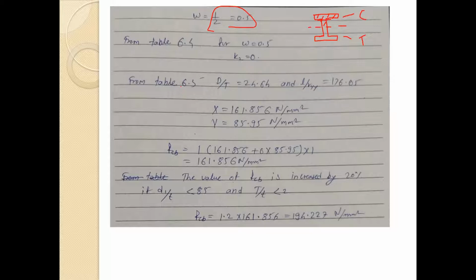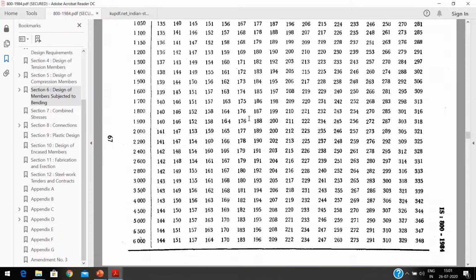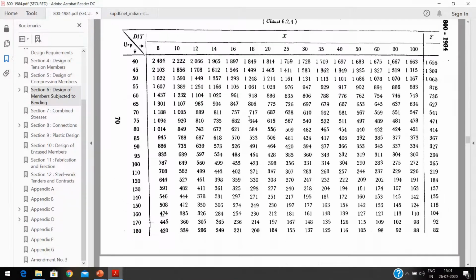So again from the table 6.5, for the ratio of D by T that we have already calculated, and L by Ry, that is 176.05, we will get the X and Y values. X is 24, that is in between these, and 165 I think.